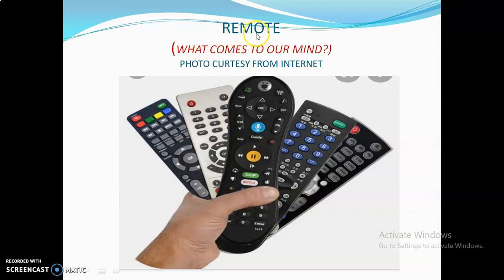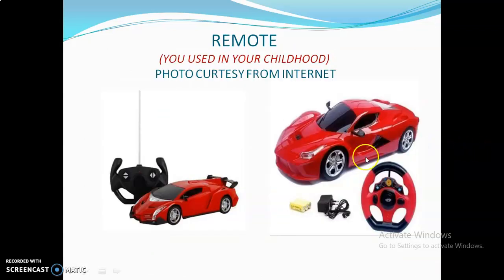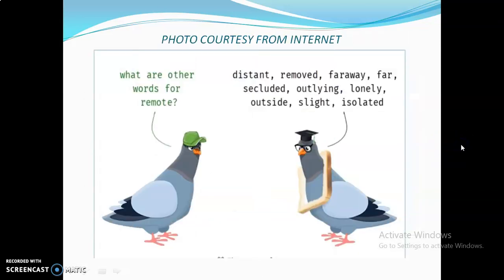Now you see the word remote. When we say the word remote, what comes to our mind? Automatically these, no? The TV remotes, and then the remote control car you used in your childhood, no? All of you have. So when we say the word remote, these types of things come to our mind.